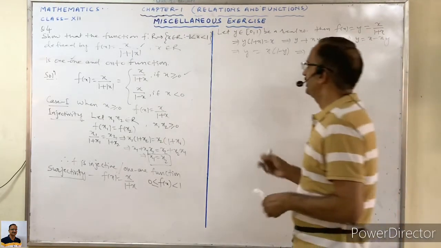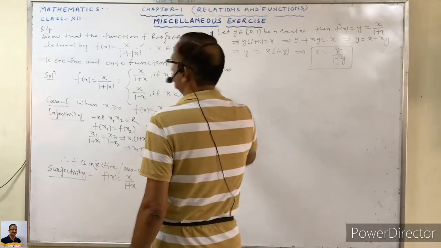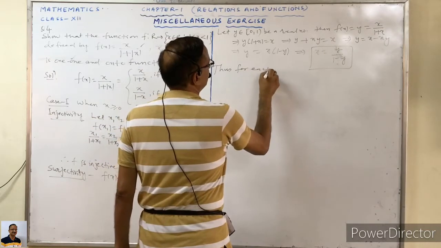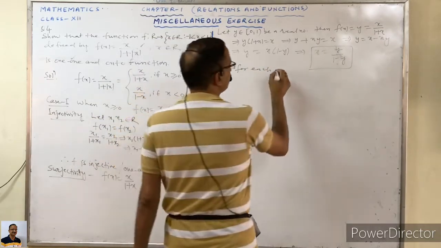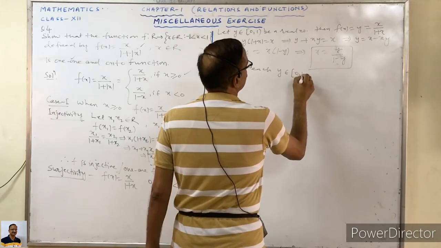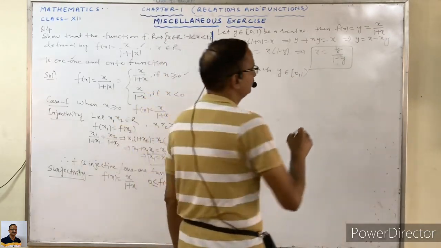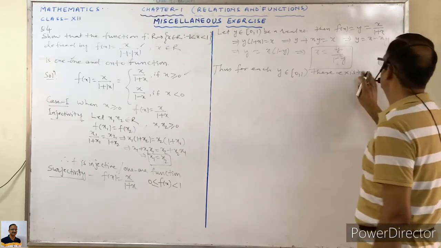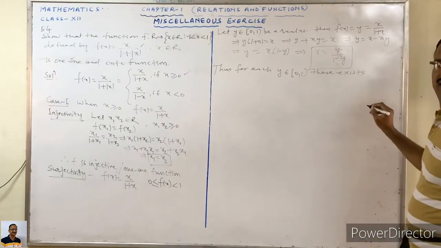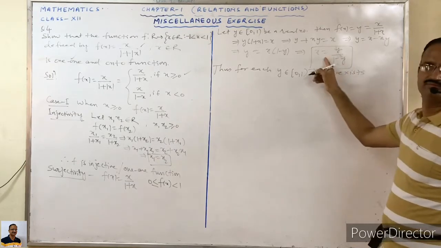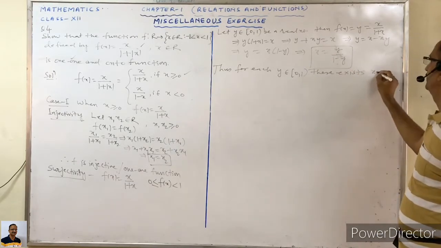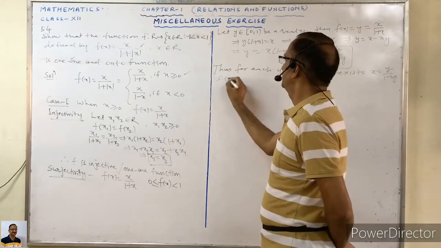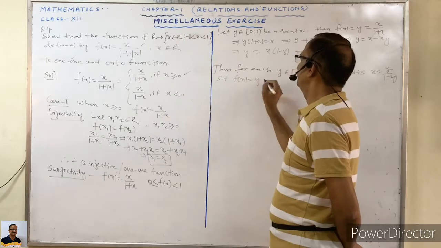It means we can say that thus for each y belonging to the interval, there exists x equal to y upon 1 minus y, such that f(x) equals y.